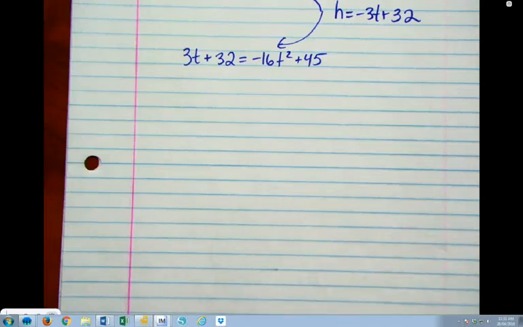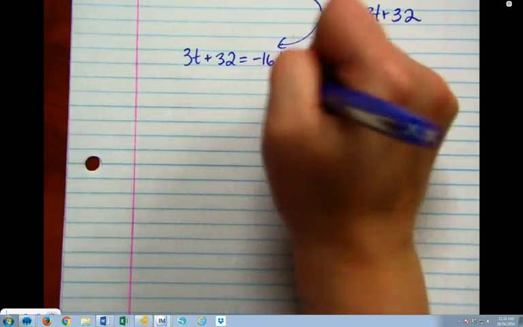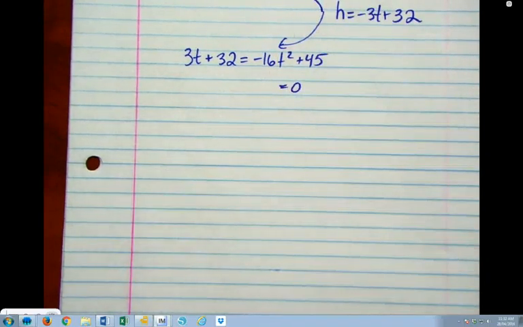Do you want it onto the left or onto the right? Do you keep it as positive 3t? No, sorry, that should have been a negative. Thank you.